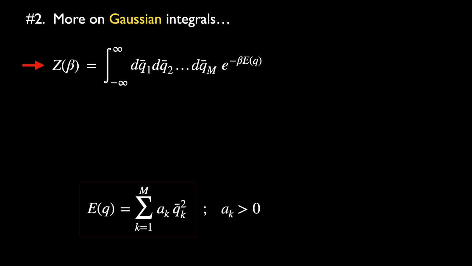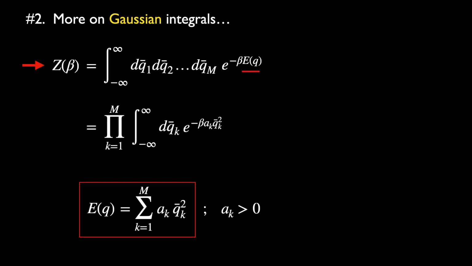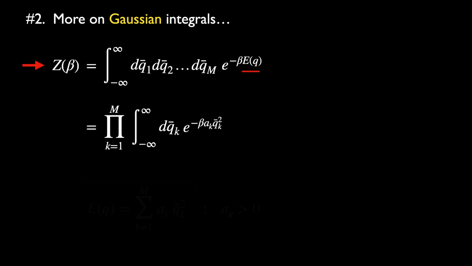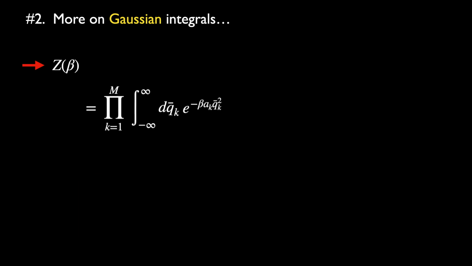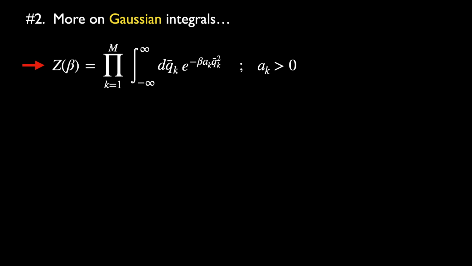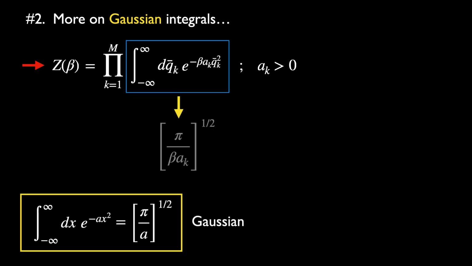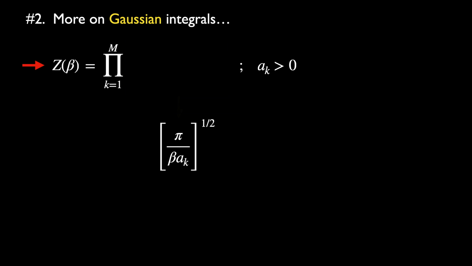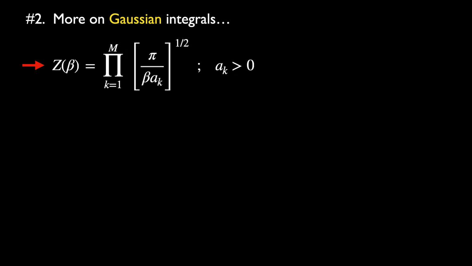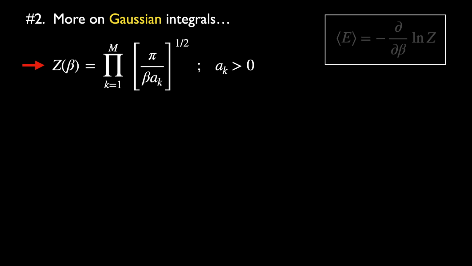When this expression of E is substituted back into the integral, it simply factors into m Gaussian integrals. Each of these can be solved by the standard identity. Since what we want is to calculate the average energy, we are only concerned about how log Z is dependent on beta.